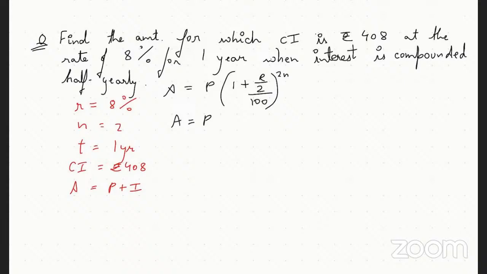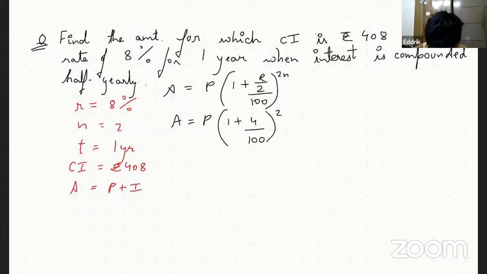I'll explain how we are going to do it. So P, then in the bracket, solve it. 1 plus R by 2 is 4, 8 by 2, so it's 4. 1 plus 4 by 100 raised to the power 2. Then take LCM of 1 and 4 by 100.